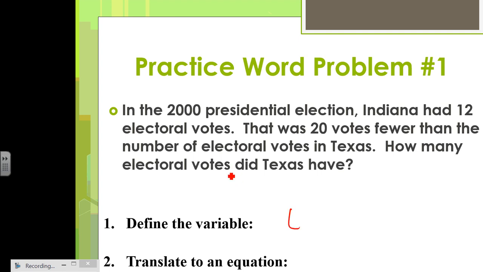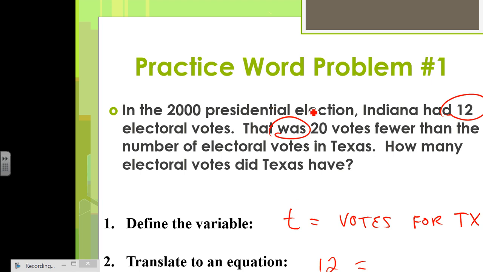You should have defined T is equal to votes for Texas, which I'll abbreviate TX. Translate to an equation. 12 was, so 12 equals 20 votes fewer than is an order switcher. So I'll go T minus 20.